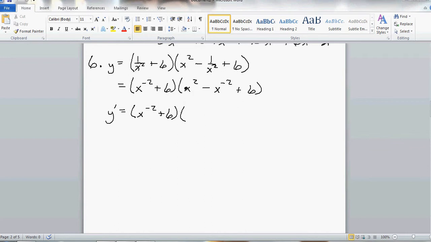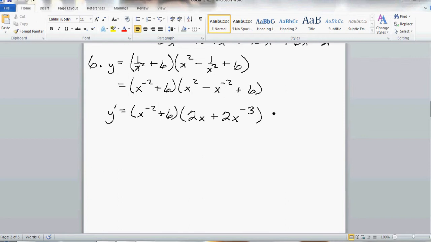Well, the derivative of this would be 1 times 2, or 2x to the first power. Negative 1 times negative 2 is plus 2x. Subtract 1 from that and you get negative 3. Plus 6 is a constant, so that's 0.